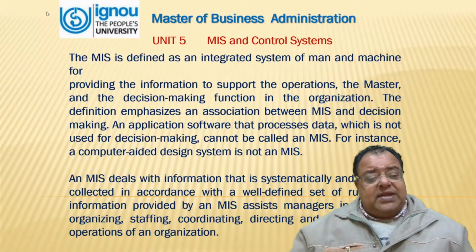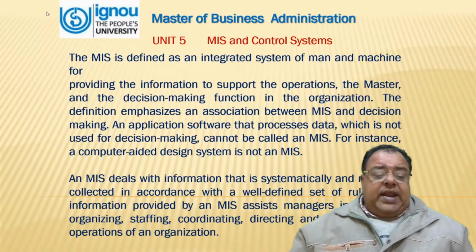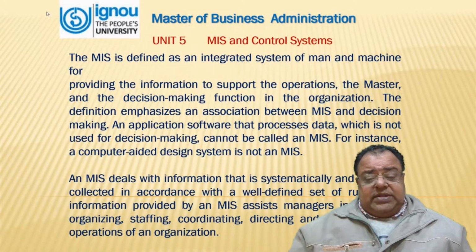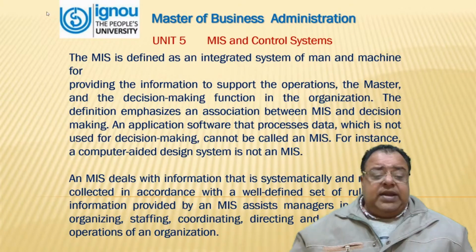For instance, a computer aided design system is not an MIS. An MIS deals with information that is systematically and routinely collected in accordance with a well defined set of rules.